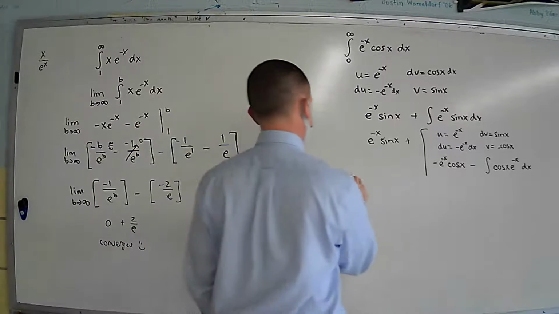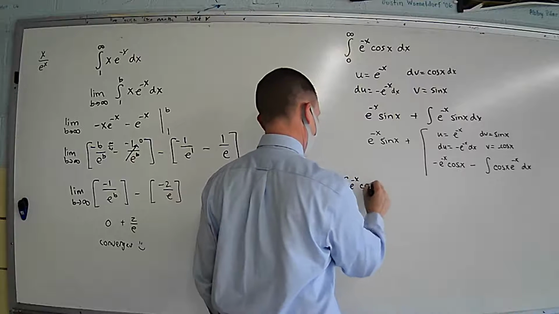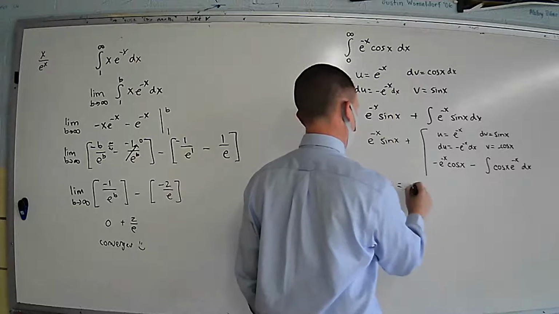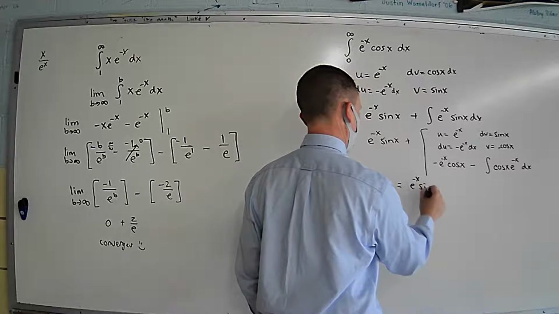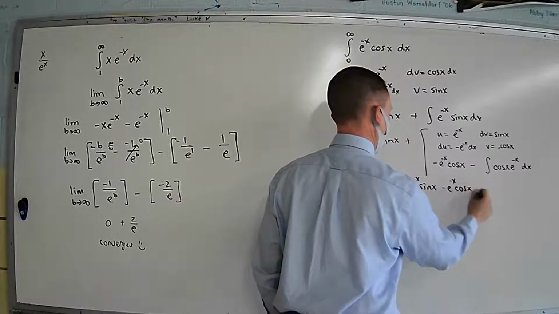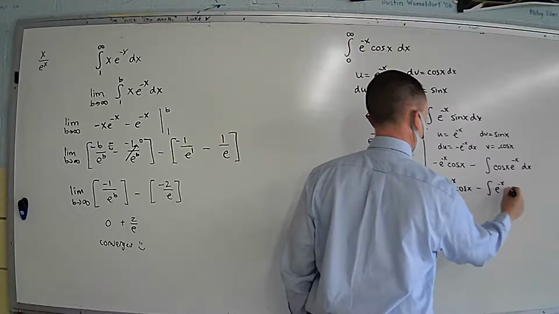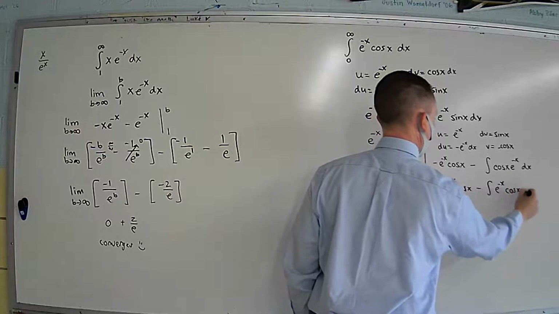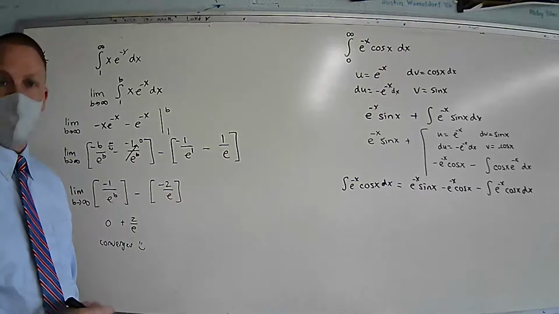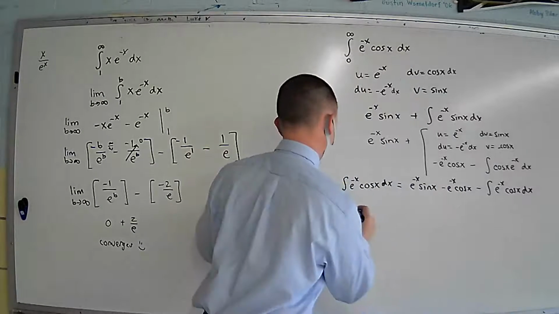And so now the antiderivative here, I'm going to go ahead and set it up with the equation. So that's this one minus this one minus the original. So now what happens when I bring this to the other side? I get 2 of those.